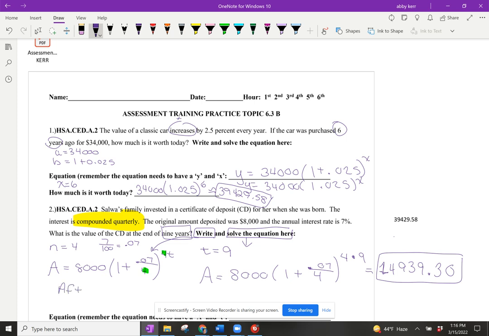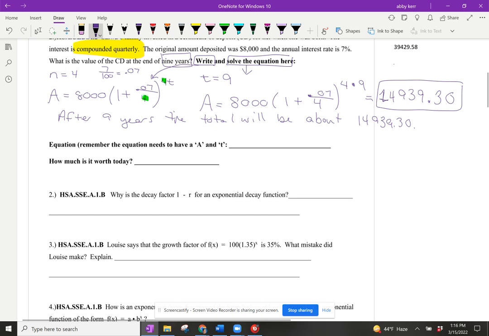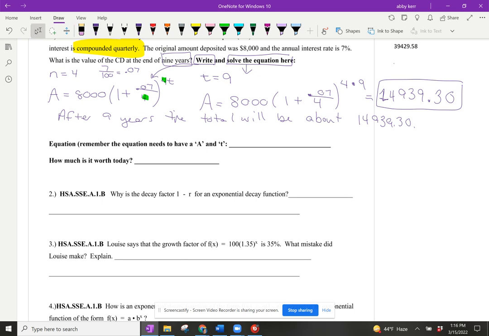So after 9 years, you can write the actual amount. So the actual equation, sorry, I wrote it up there. I'm going to copy it down. And then the amount is $14,939.30.